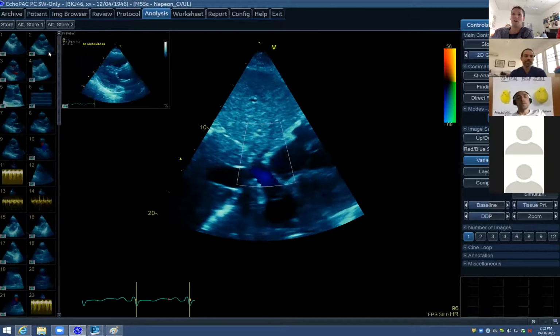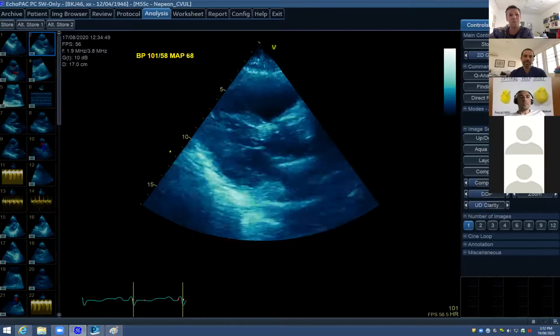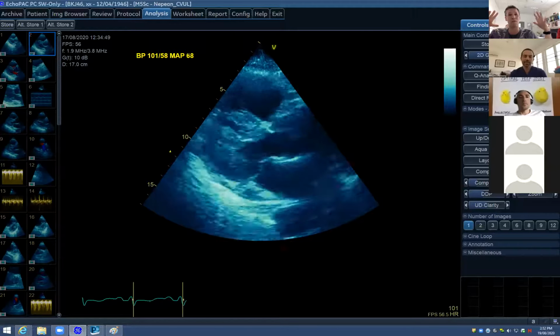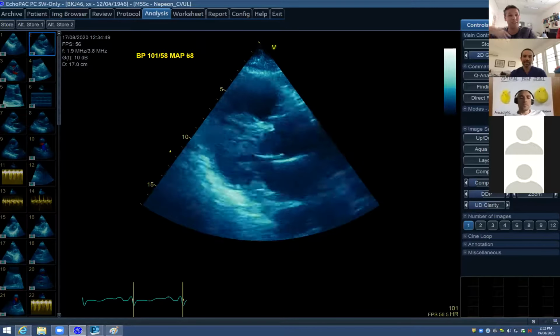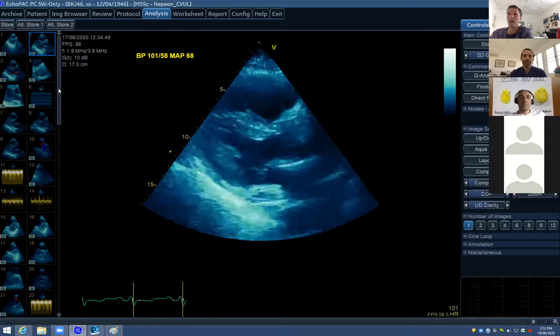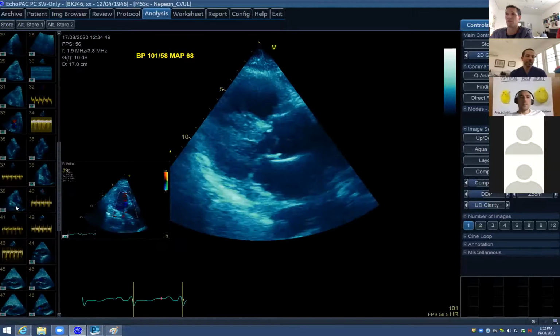This guy is on no support whatsoever, generating a MAP of 68, and he's able to do that because the RV has dilated, even with its poor function. It's hanging on by its fingernails, I think, but still able to generate enough throughput for him to have an LVOT VTI of something like 18, I think it was.